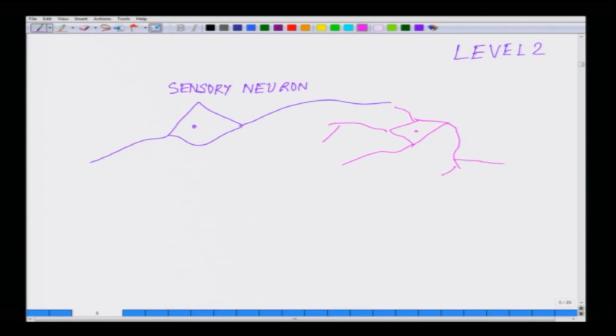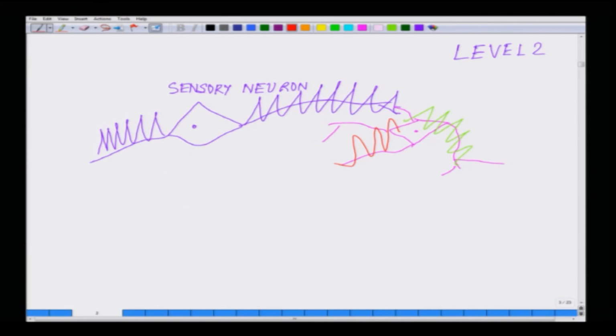This is the train of action potentials which is traveling. Here this signal is getting split up into two components. One component I am representing by green, the other component I am representing by red.